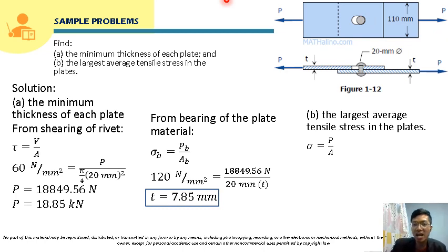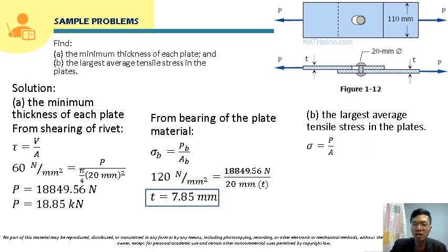Again, this is the formula for the normal stress: it will just be equal to P over A. In order for us to have the maximum stress, the area here should be the minimum, or the least area.